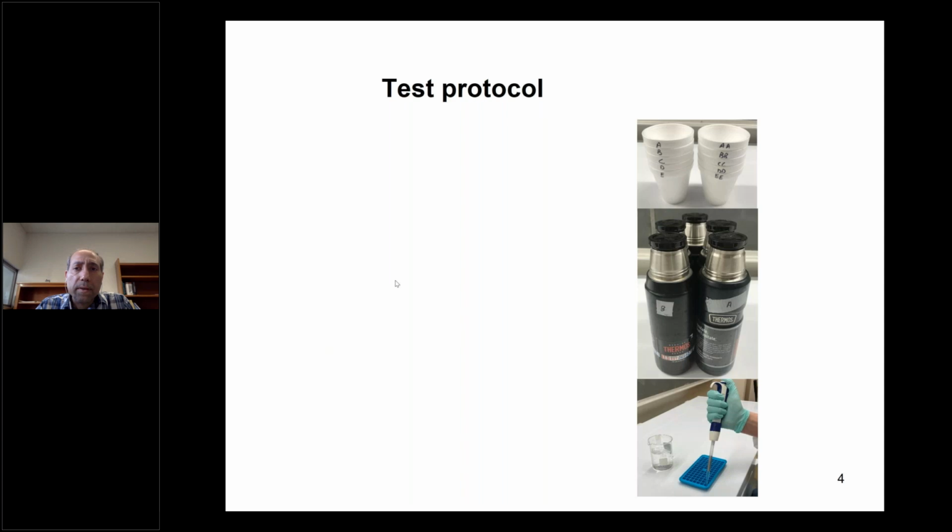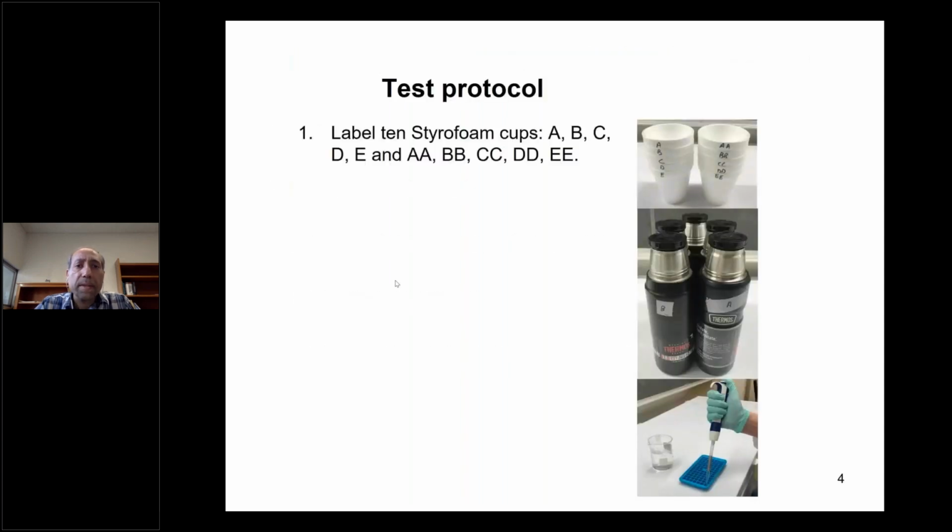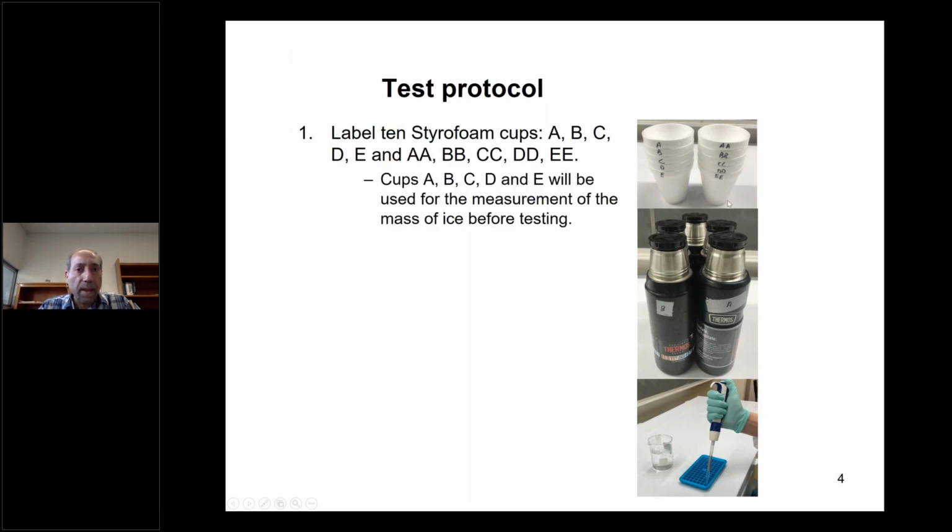So for doing the mechanical rocker test, first we need styrofoam cups, 10 styrofoam cups. 5 of them we name A, B, C, D, E, and the other 5 A', B', C', D', and E'.